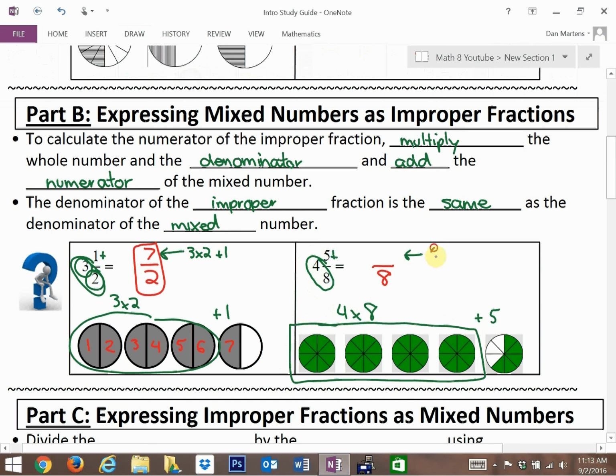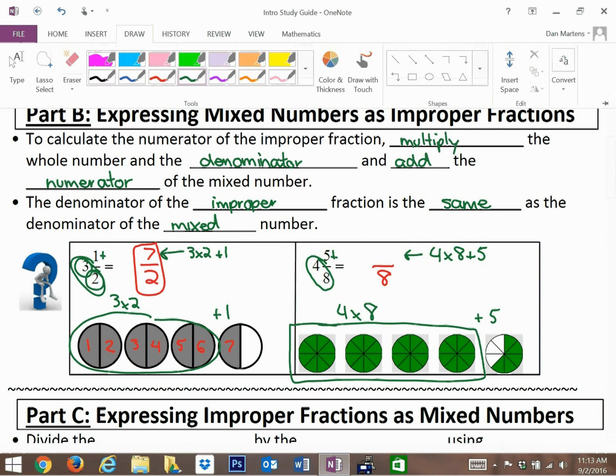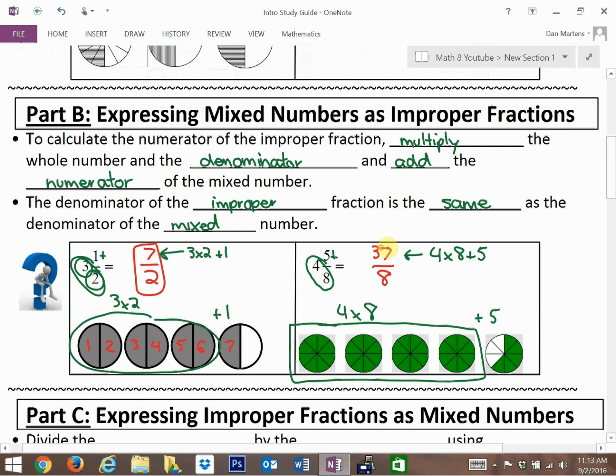So to get that numerator, it's 4 times 8, which is 32, and add 5, which is 37. So another way to write this is 37 eighths. Okay? So 4 groups of 8 plus 5, or if you'd really like to, you could count every single one of the eighths of the pie here, and you notice you get the same answer.